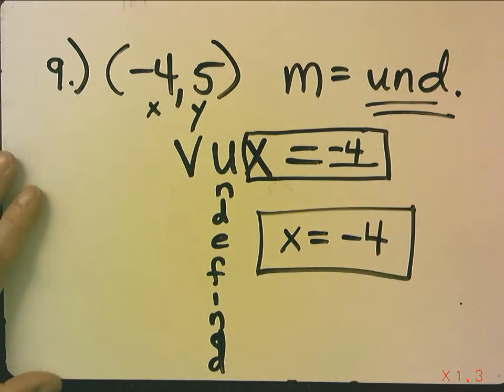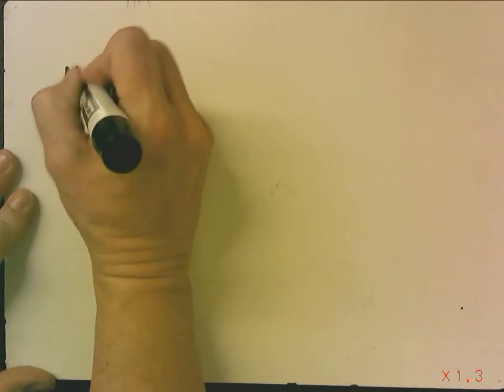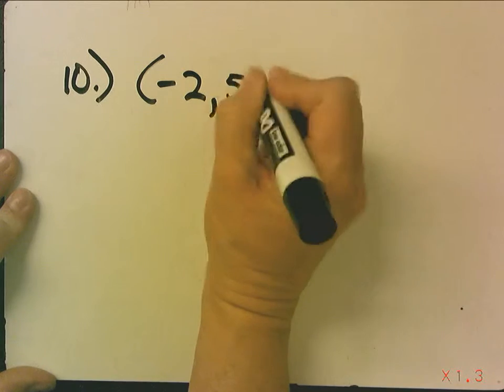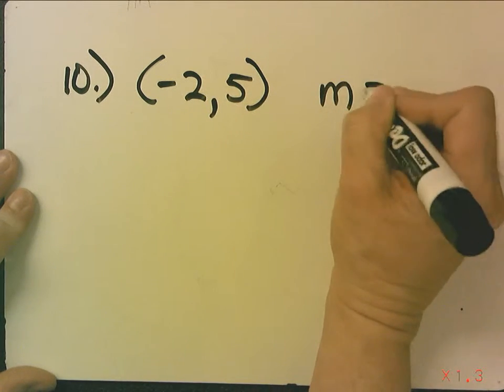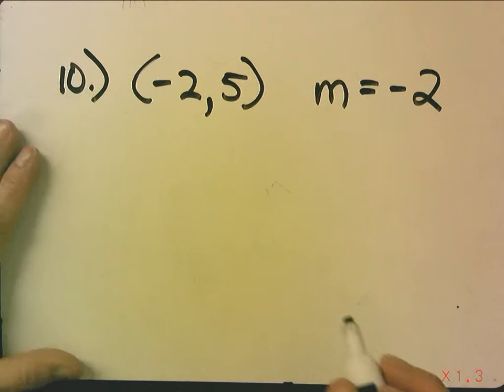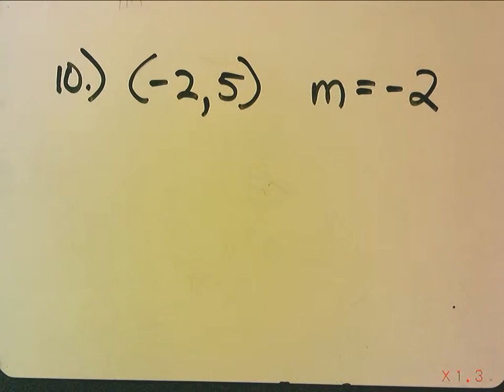Okay, now let's look at number 10. Number 10 goes through -2, 5, and the slope is -2. So now I say to myself, well, I don't know what the y-intercept is.